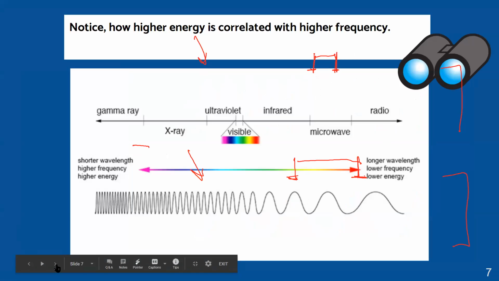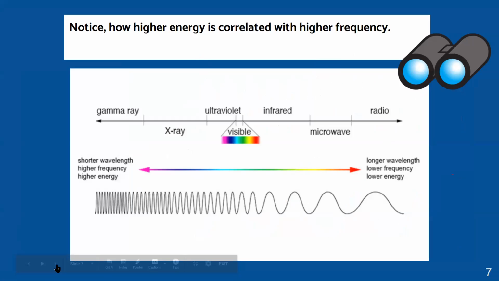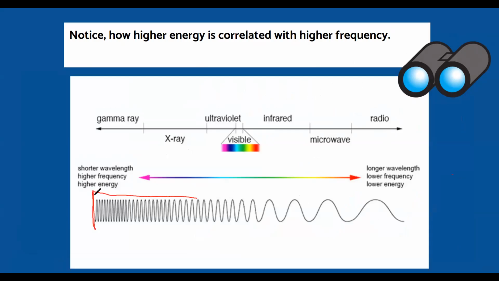Next, this is going to go over on the other slides as well, but all it's saying is that energy is correlated with higher frequencies. So the more frequent a wave is, the more energy it's going to have. So comparing radio waves to gamma rays, which ones do you guys think will have more energy?